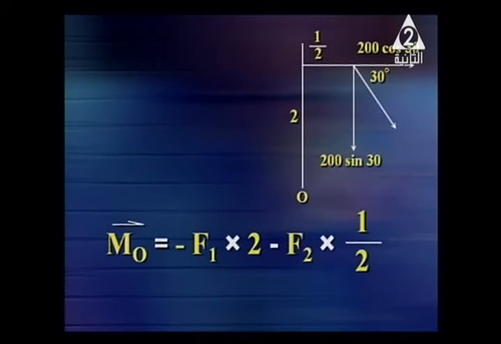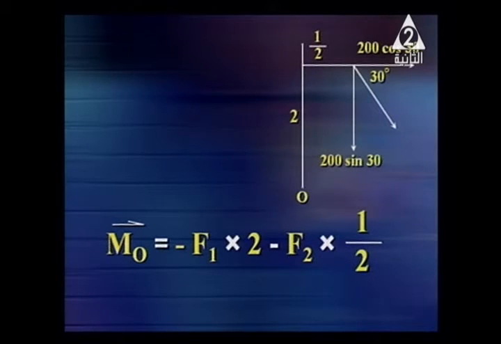The moment equals negative F1 times 2 minus F2 times 1 over 2, or a distance of half. Look at 2, the intercept on the y-axis, and 1 over 2, the intercept on the x-axis.